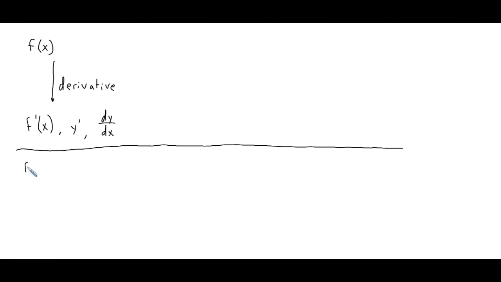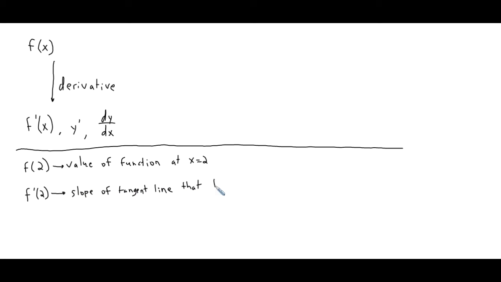Just to really hammer this point home, we know that f of 2 is the value of the function at x equals 2, or the y value. And f prime of 2, or the derivative at x equals 2, and that's how you read that, f prime of 2, is the slope of the tangent line that barely touches f of x at x equals 2.